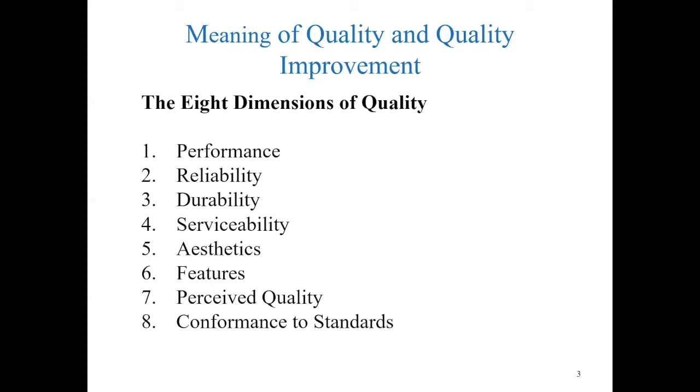Now, this has a level of subjectivity to it because your decision is not based on certain facts that you've obtained about the latest model, but instead it's based on historical experience, whether it's your own experience or someone else who you trust. And the last one, which is very commonly used in quality control, at least in historical quality control, is conformance to standards.